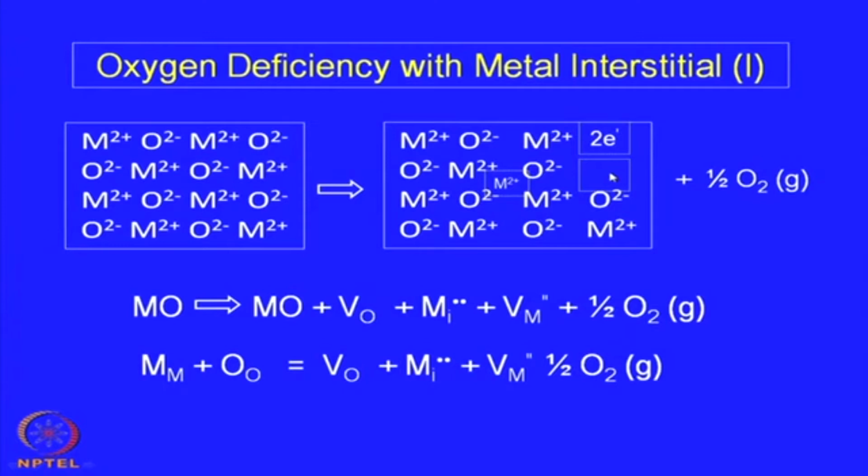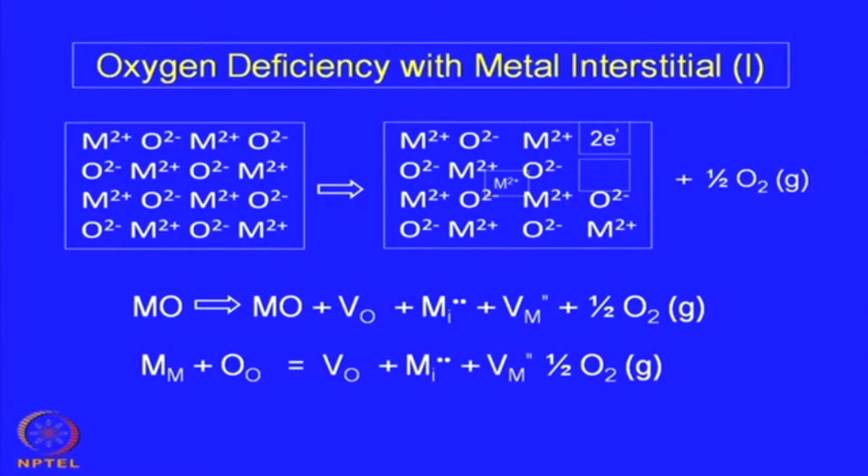This metal has come from there. Okay. This metal was originally there on this surface, and then it has come along with its two positive charges. So, it has in fact come from a regular lattice site.